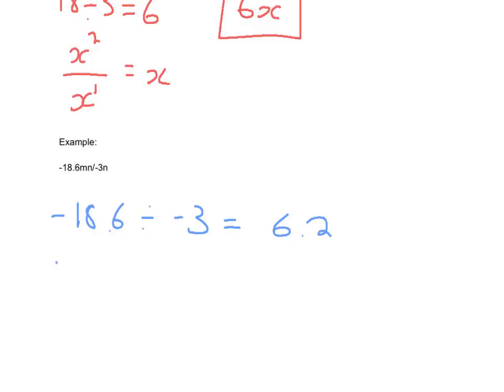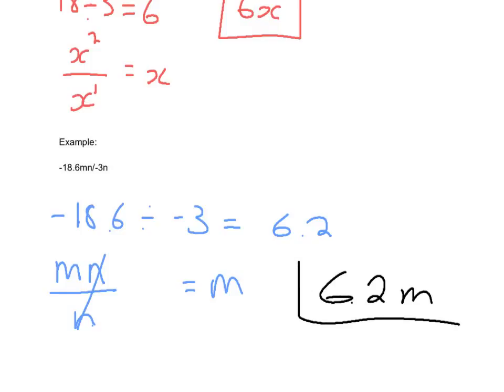Then we've got m times n divided by n. Well, the n's cancel off, which means that we're just left with the m. So our overall answer is going to be 6.2m. Okay, that's dividing monomials. I think once you do a few of those, that's going to work out well, and you'll understand it quite well.